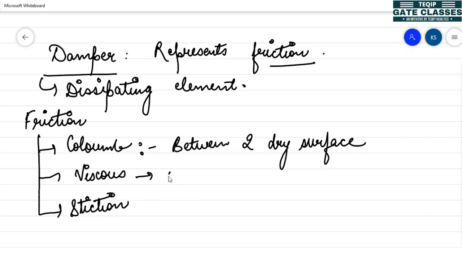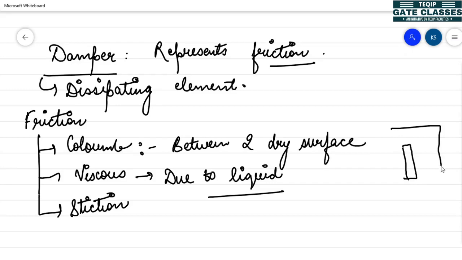Viscous friction is due to liquid. Like if there is a cylinder and this is a piston, and if you are applying a force on it and this cylinder is filled with some oil, then due to this oil there will be some frictional forces existing on this piston.